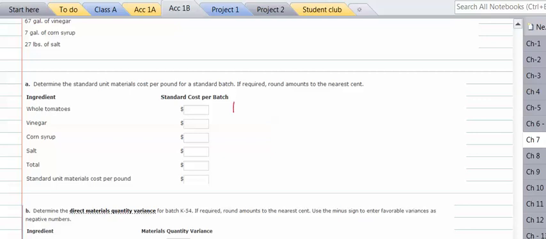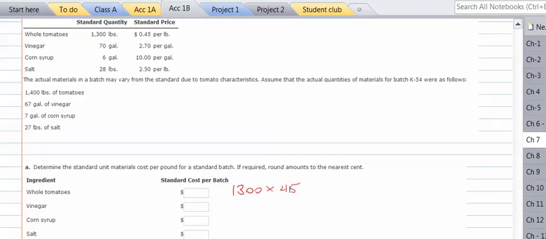So I'll take 1,300 times 45, and that's 45 cents. So that looks like $585.